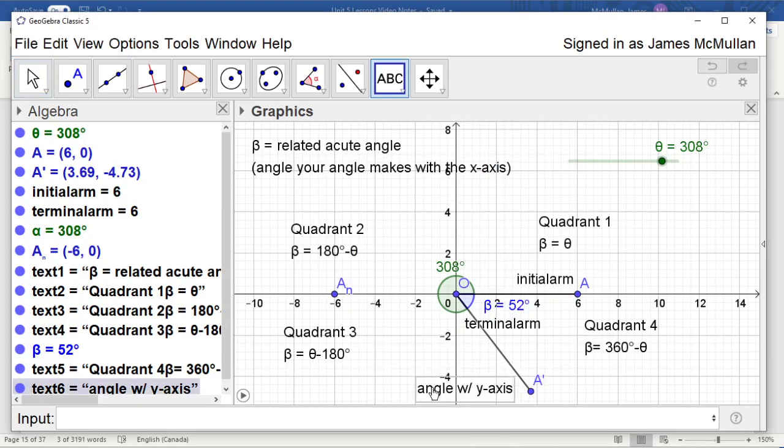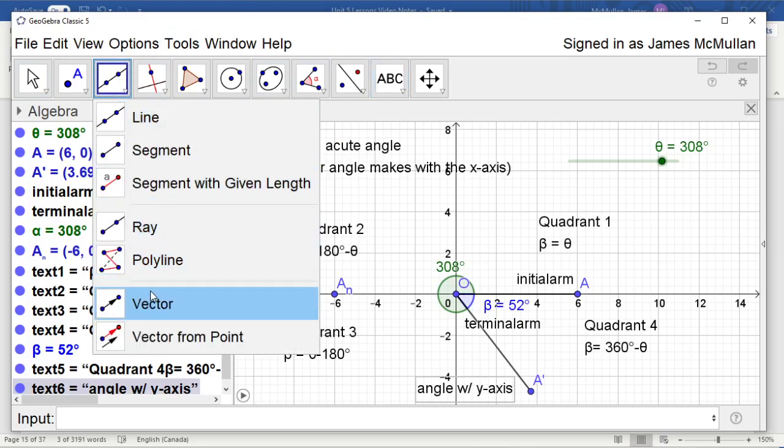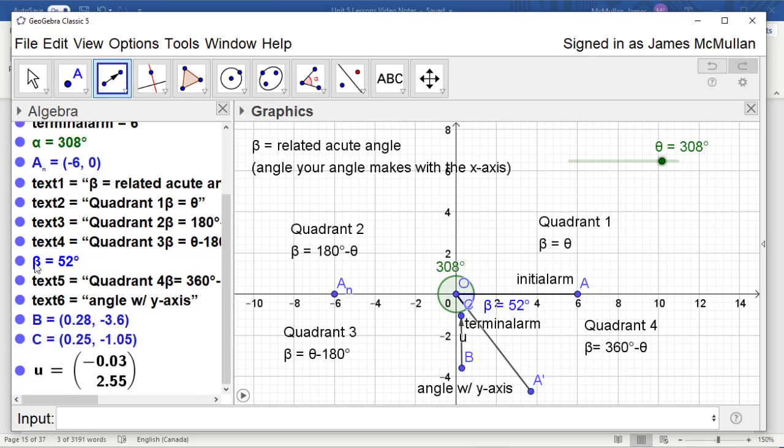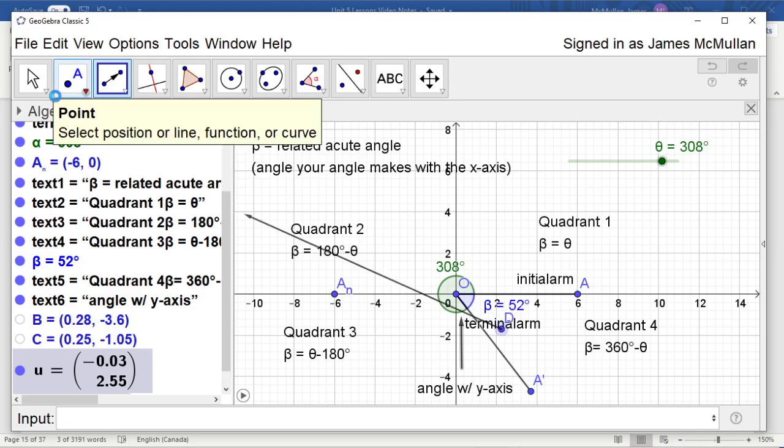The angle with the y-axis we don't use in grade 11. You use it a little bit in grade 12 if you still take advanced functions, but you don't need to worry about the angle with the y-axis.